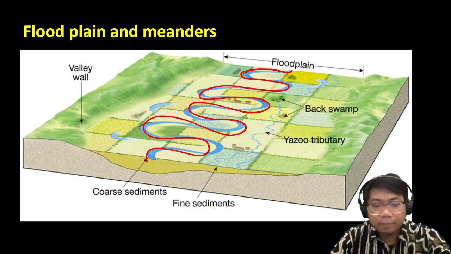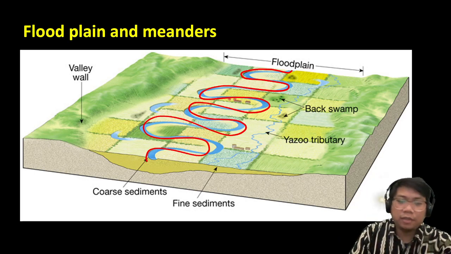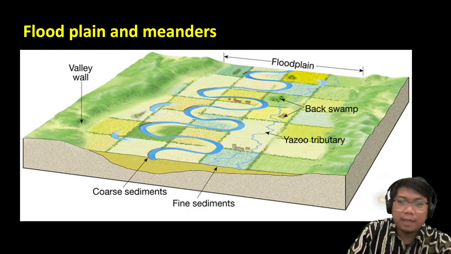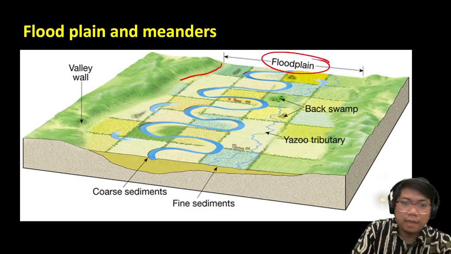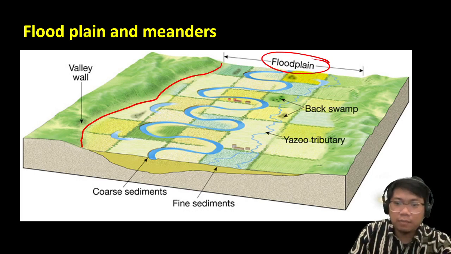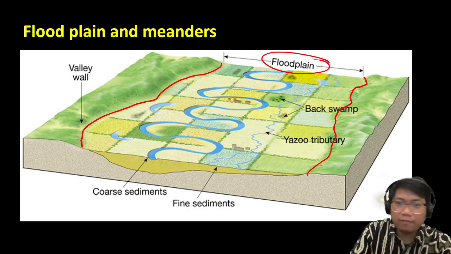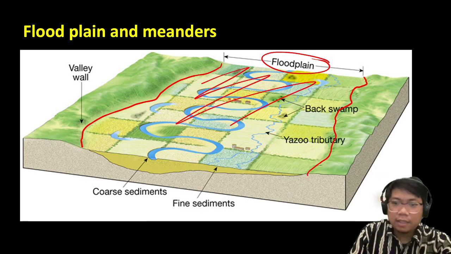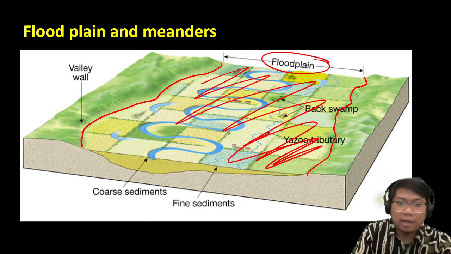And then another thing, again, as I mentioned earlier, is that we have a floodplain, and the floodplain in this illustration is illustrated by those areas in between the red lines that I'm drawing right now. There you go. So every single part of it, this one is called floodplain.